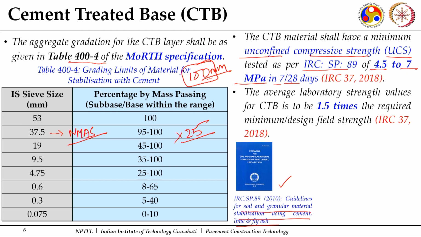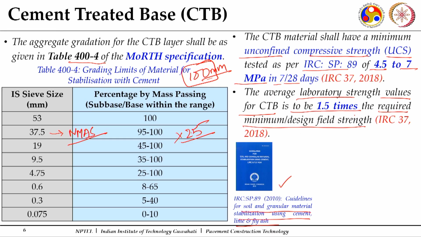In addition to this, when we are designing these mixes at laboratory scale, it is a controlled design. So, we always put a restriction that the average laboratory strength values for cement treated base course should be at least 1.5 times the required minimum.